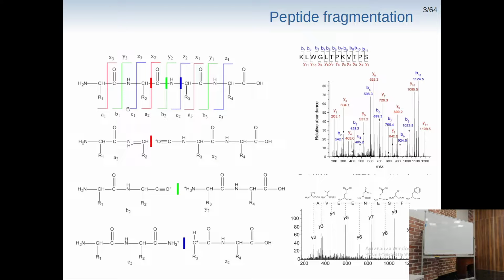So let's see some really nice spectra. It's not always you can get something like this, but let's see. We have some peaks, and there are some differences in mass between those peaks. If we see which amino acids can fit in, considering that we have only Y and B series of ions, we can actually, for this small peptide, get positions and amino acids here.